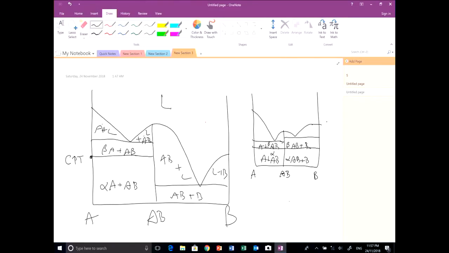But when the phase is on the edge of a diagram, it straddles in only one direction. You can visualize it straddling over here with another larger system, but we don't need to because that's the end member.